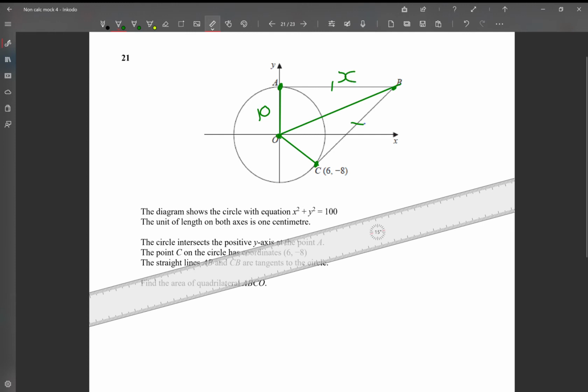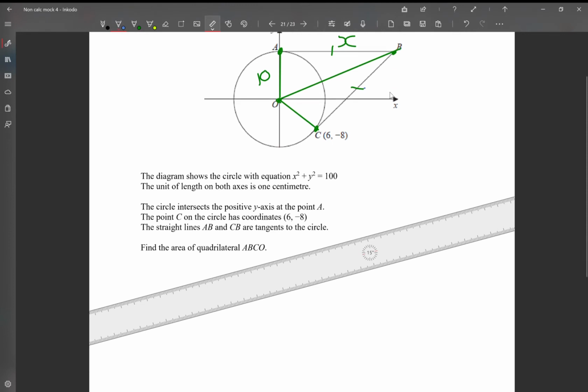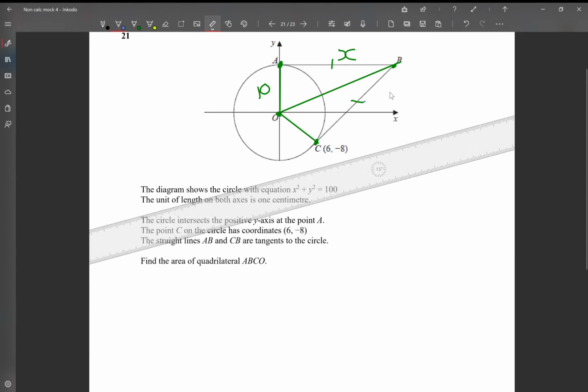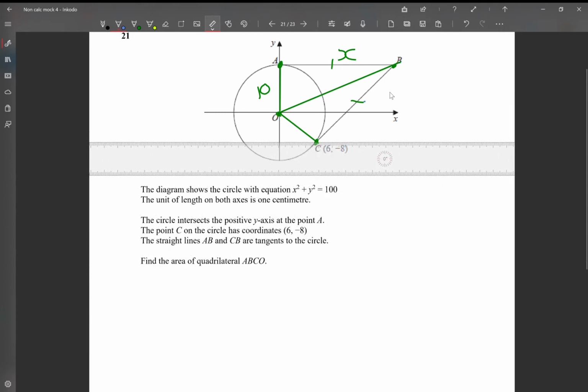Then I'm going to draw another right angle to help me figure out this x value, because I've noticed that I've got a point down here which will help me. I can turn another triangle here into a right angle.